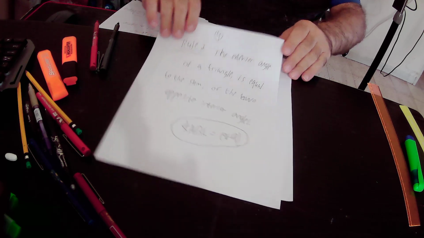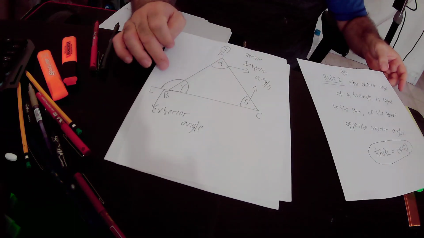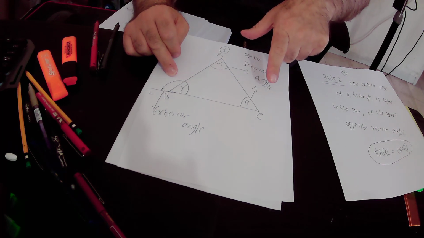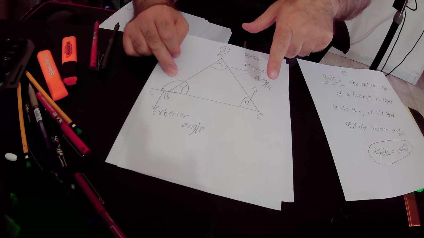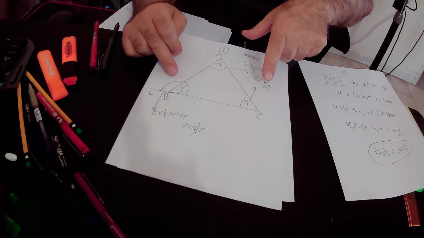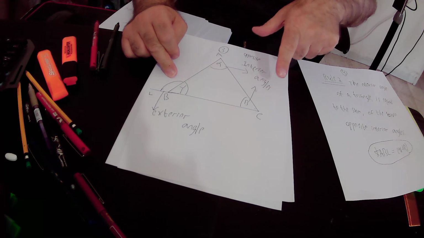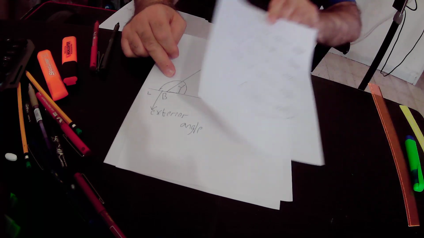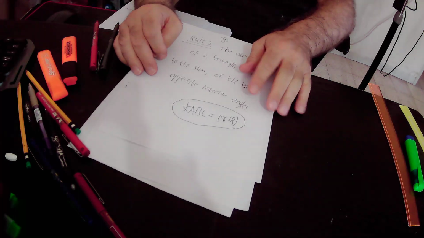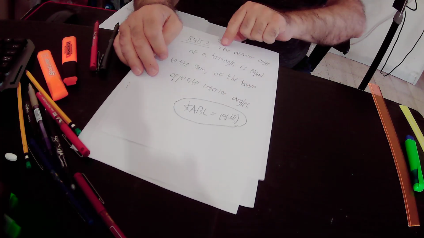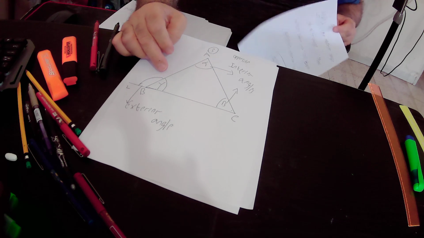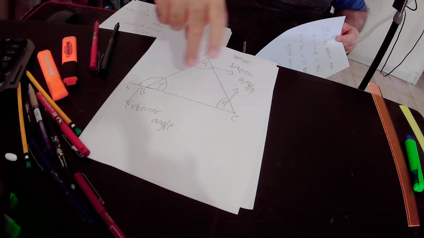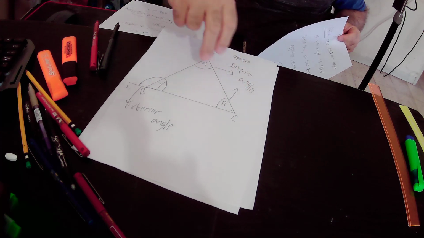That is to say, the exterior angle ABL equals angle alpha plus beta.